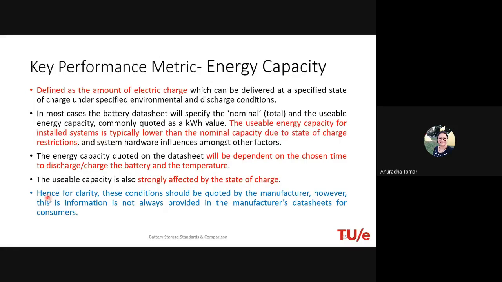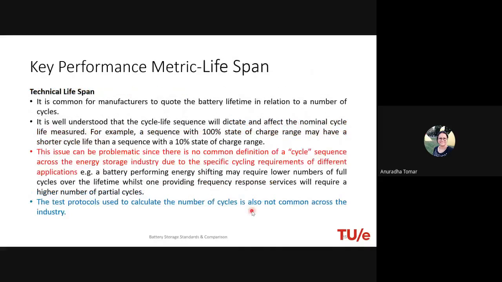These conditions should be quoted by the manufacturer, like what is the energy capacity and what is the usable energy, because generally the manufacturer mentions the nominal energy value but not the usable, and the usable energy is relatively lower than the nominal energy. And there is a dependency of the charge and discharge cycle on temperature. Such things are not clearly mentioned by the manufacturer, so this is a limiting parameter.